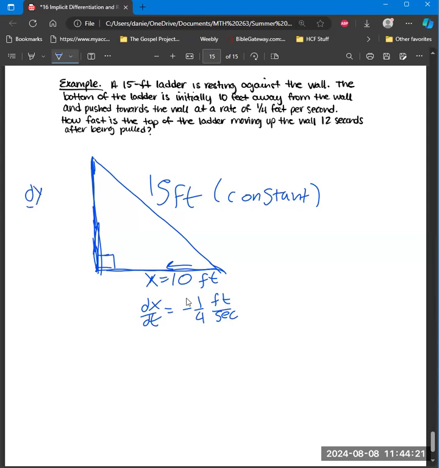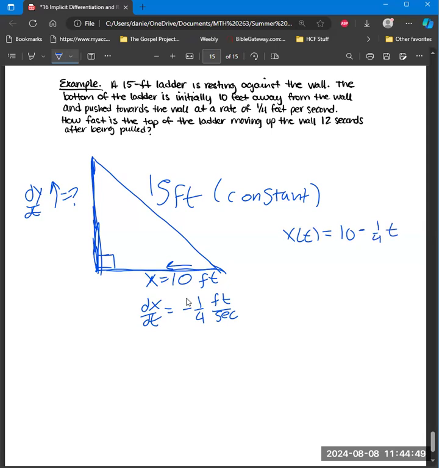So we want dy/dt, which is moving in this direction. So it should be positive. It's equal to what? 12 seconds after being pushed. All right, well, I need to find a function x of t here. I need to start at 10, and I need to subtract 1/4 times t.